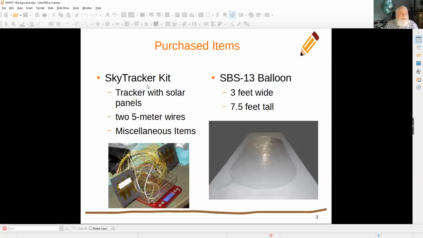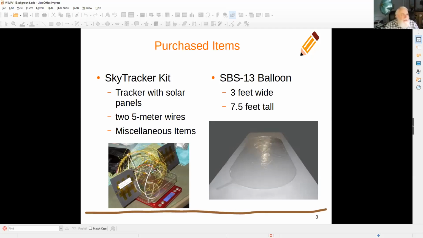The first thing we had to do was purchase the items that were going to be associated with the launch. We got a SkyTracker kit from Bill Brown, which I ordered and which came to my house. Then Mel ordered a balloon from Scientific Balloon Solutions. It's the SBS 13 balloon, approximately 3 feet wide and about 7.5 feet tall.